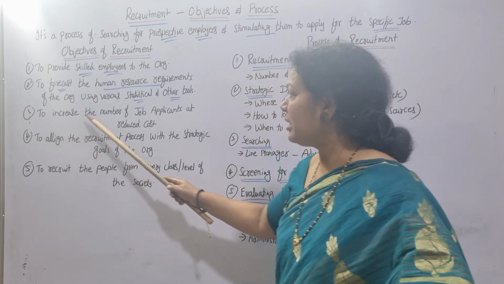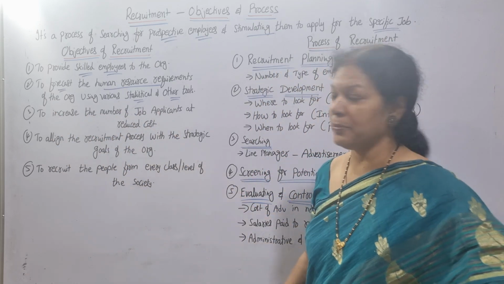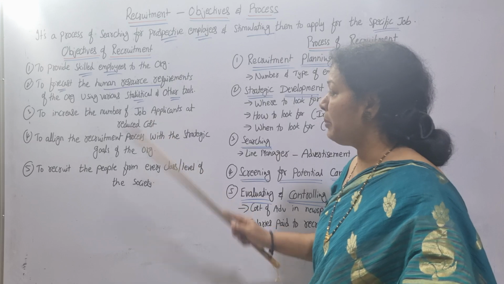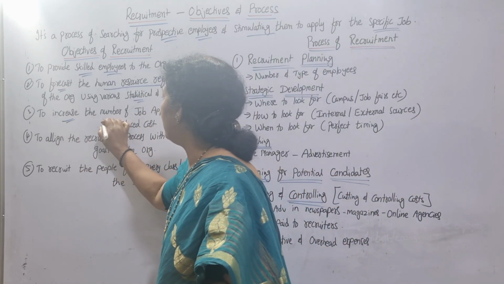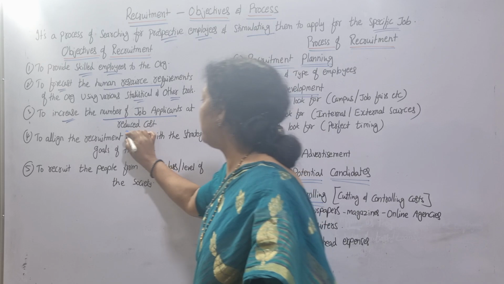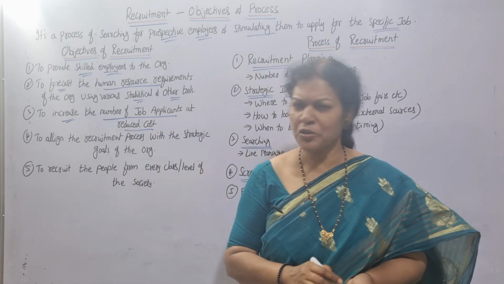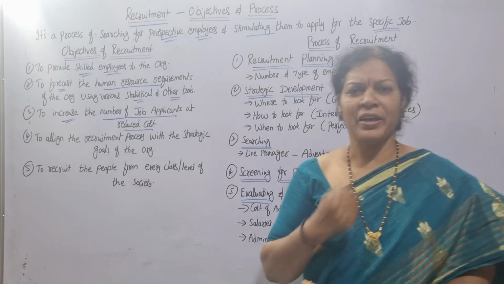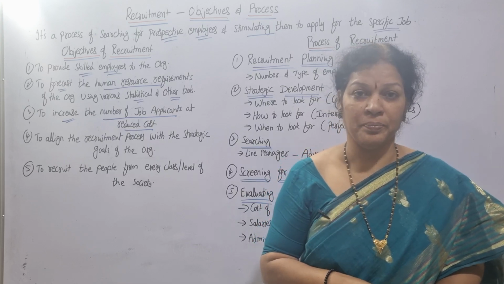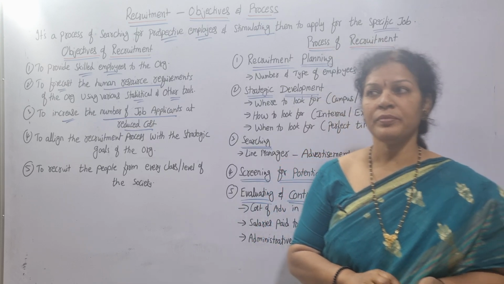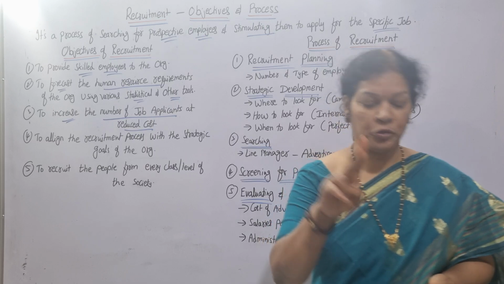Next, to increase the number of job applicants at reduced cost. Cost should be less, but we expect a large number of candidates to apply for that job. Say for example, we have 2 jobs.